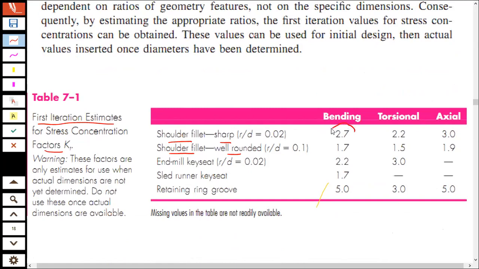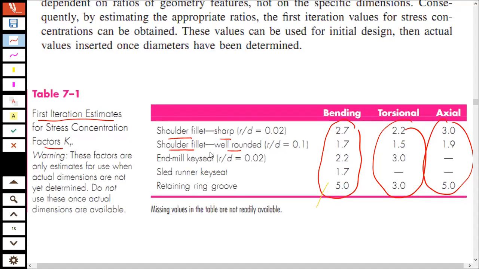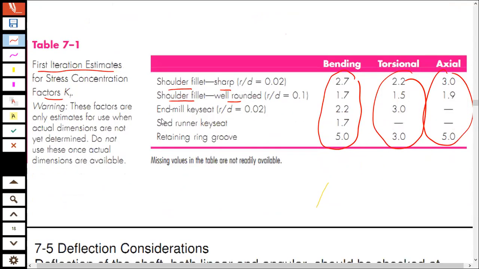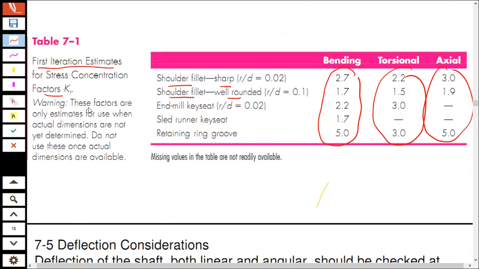These are the stress concentration factors in bending, in torsion, and axial. But again, these factors are only estimates for use when actual dimensions are not yet determined. Once you find the diameter of the shaft, do not use these values once the dimensions are available to you.